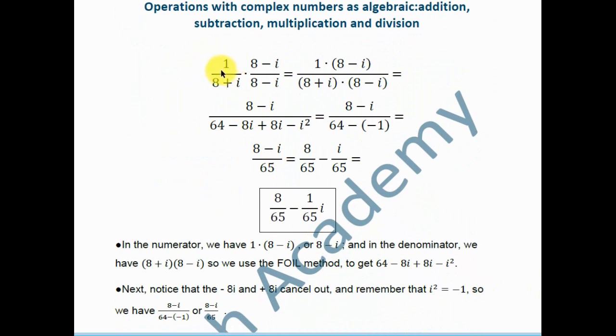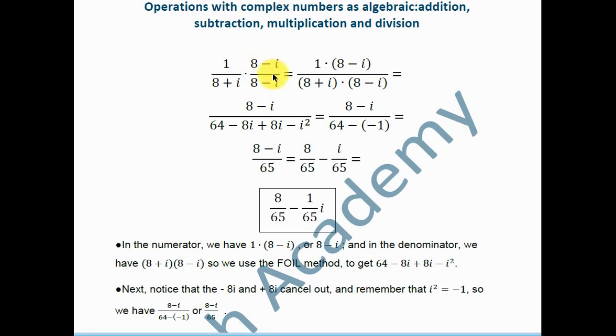So we multiply the complex number 1 over 8 plus i with the fraction 8 minus i over 8 minus i.